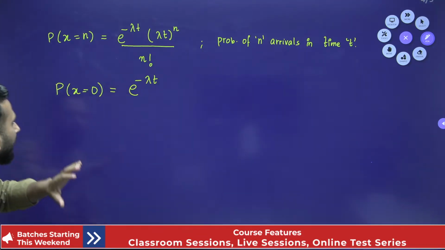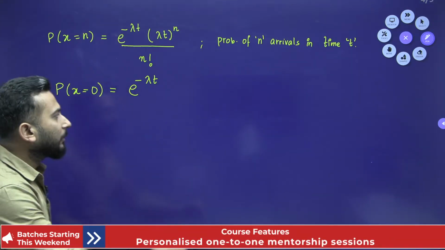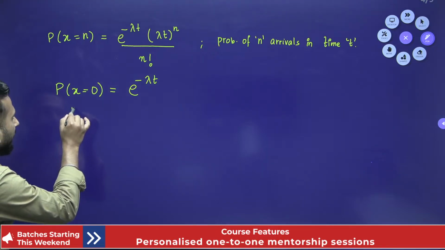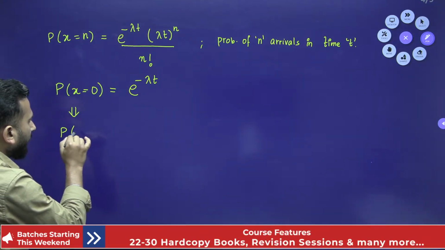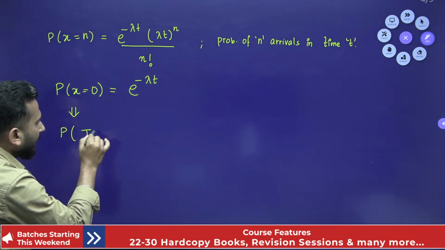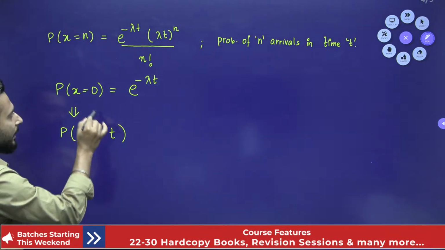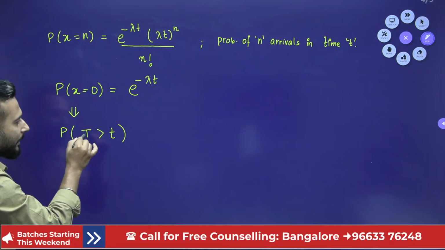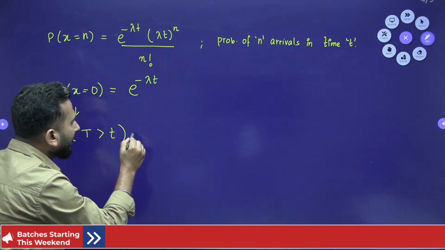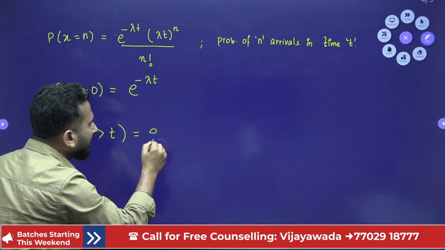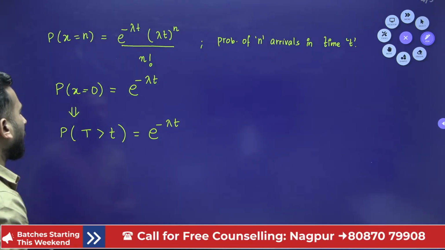So if there is 0 arrival in time t, it means that if I'm trying to find out that the time taken is greater than t, the time taken for the next customer to come will be more than time t, and this is nothing but the same statement.